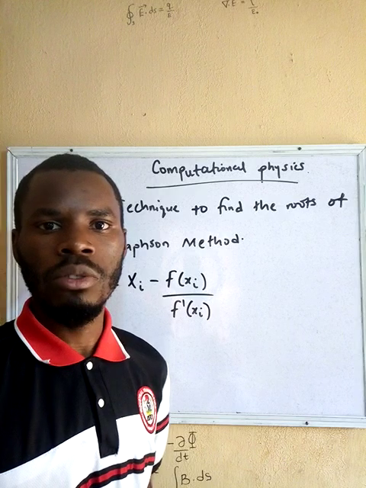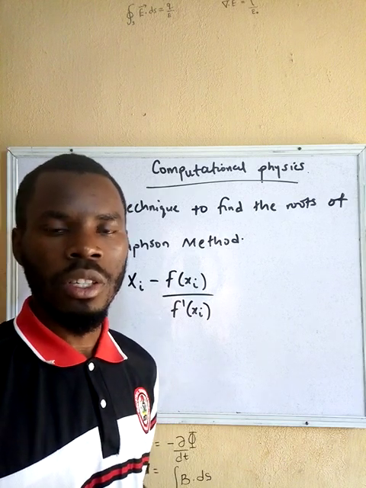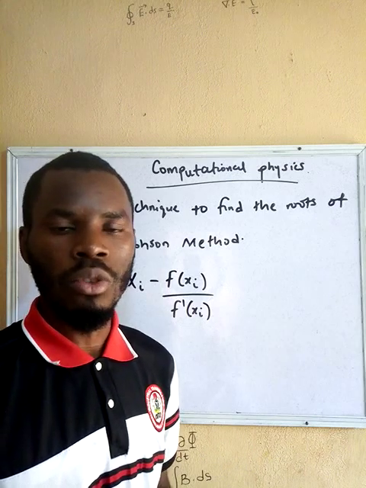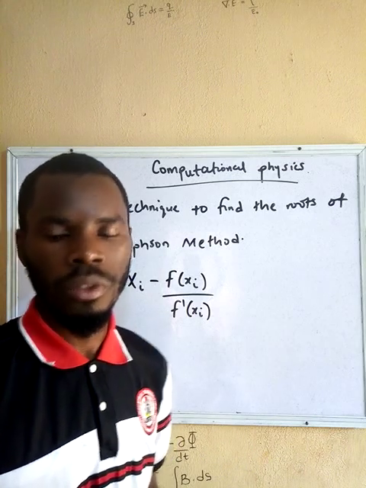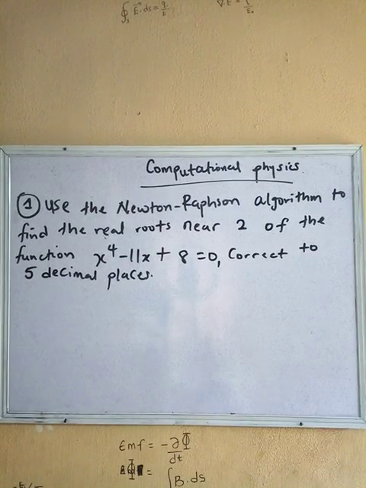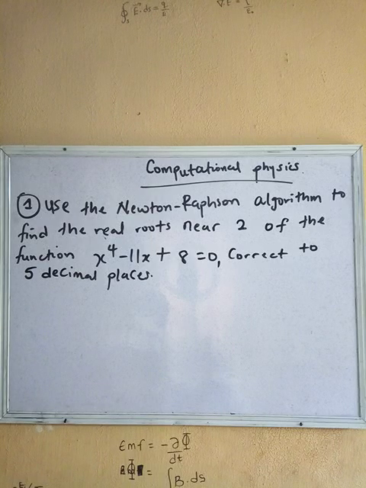So next we are going to solve a problem using this technique, and we will see how it will converge to be the root of that particular function. So the question on the board says we should use the Newton-Raphson algorithm to find the real root near 2 of the function x raised to the power 4 minus 11x plus 8 equals 0, correct to 5 decimal places.